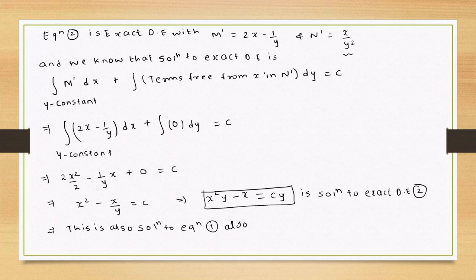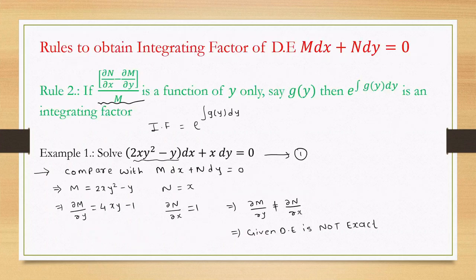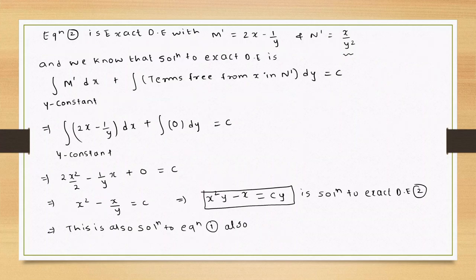So for the equation number 1, this is also a solution, right? So there is no need to find a separate solution to the equation number 1, right? Okay. So we have learned that rule number 2, and using the rule number 2, we have done one example, right? Let us see the second example.